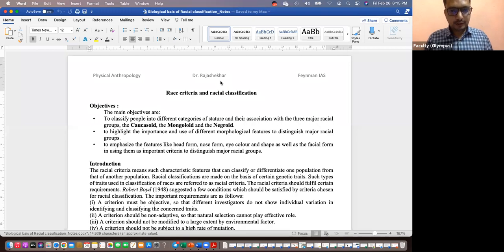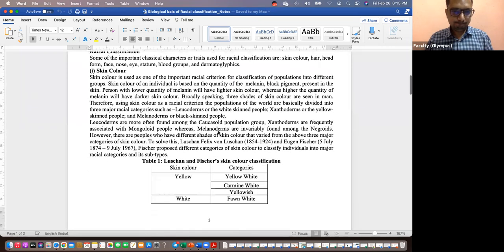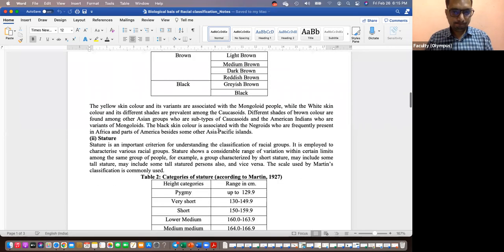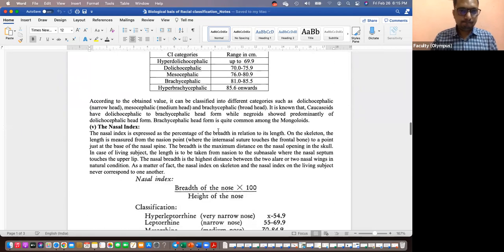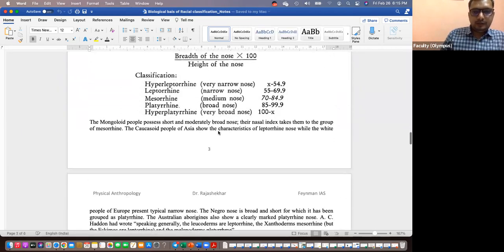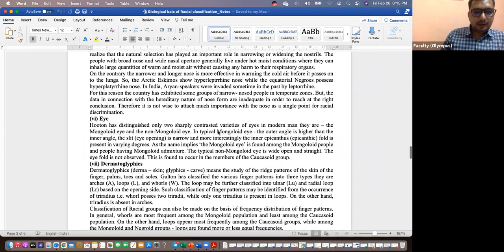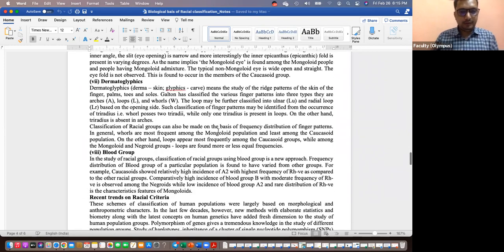Okay, so I'm going to share this document with you, where I talked about some of these concepts that we discussed. This concept of nasal index, high epicanthic fold, dermatoglyphics, I mentioned them.